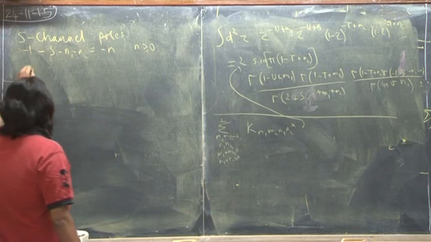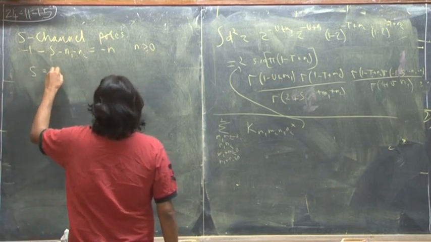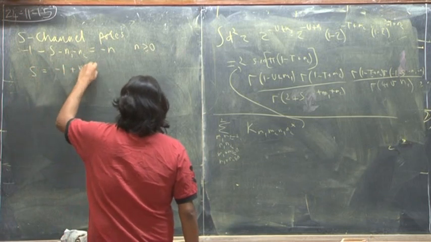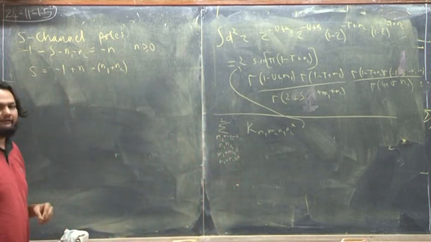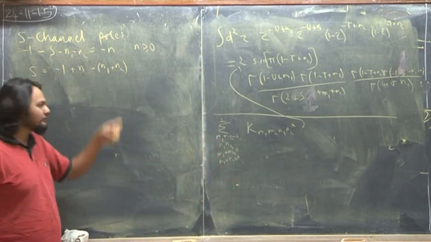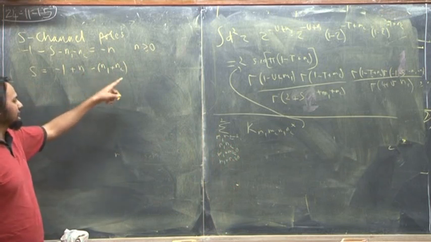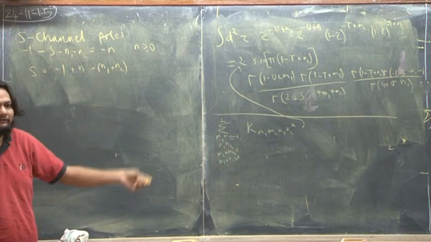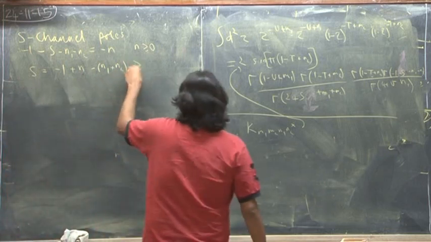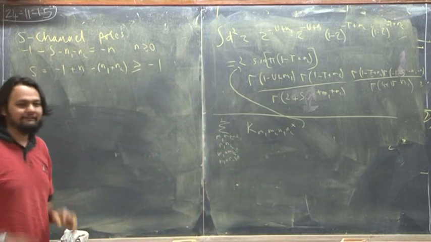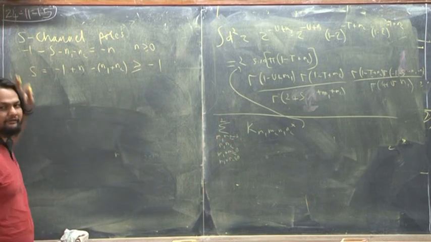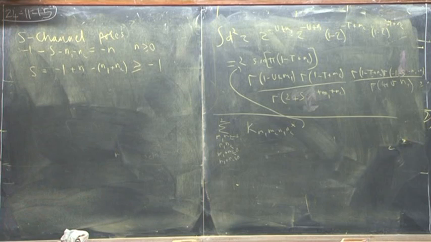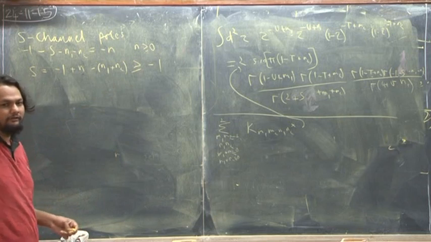And you can say that s equals -1 plus n minus n1 plus n2. Now the smallest value this can take is n equal to 0. n1 plus n2 is at most 0, so minus (n1 plus n2) is at least 0, and therefore s is greater than or equal to -1. It's exactly the answer we want. This is the mass factor, the factor of alpha prime and 4 inside capitals. This is a nice answer, and we get one at every integer after -1.